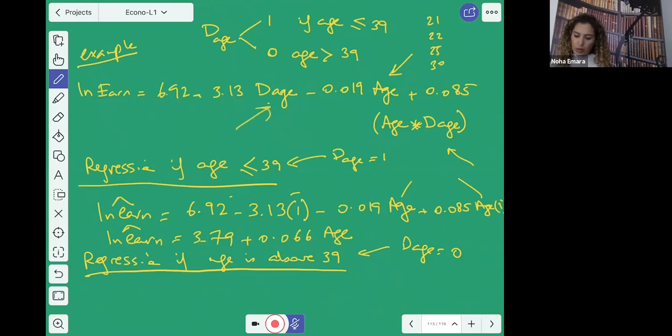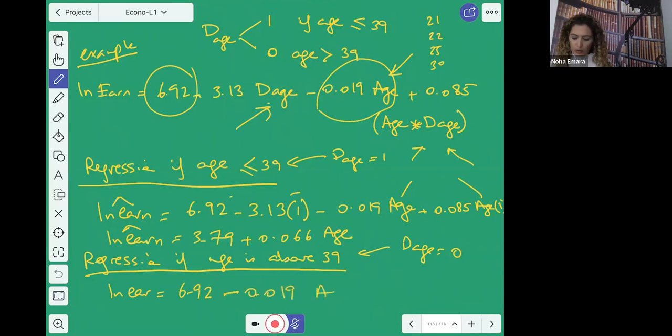Okay, and for if age is above 39, this is easier, right? So here's 0, here's 0, so I'm just left with this part and this part. So in this situation, log earning is equal to 6.92 minus 0.019 age. Okay, and so basically this regression predicts a negative relationship between age and earning only if age is above 39, and a positive relationship otherwise.